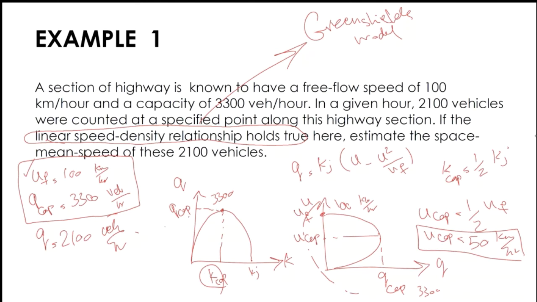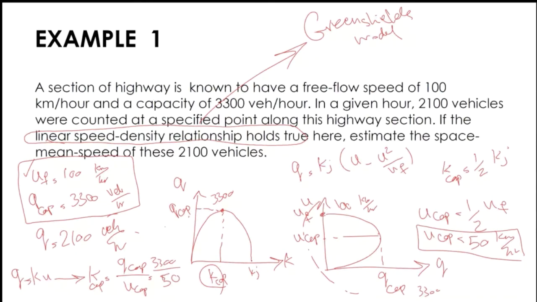So now that I have the speed at capacity and I have the actual Q cap, I can get K cap, right? If I use the traffic flow fundamental identity, which is Q equal KU. So if I want to get K cap, I just need to say the flow at capacity equals K cap times the speed at capacity. So I had 3,300 over 50.